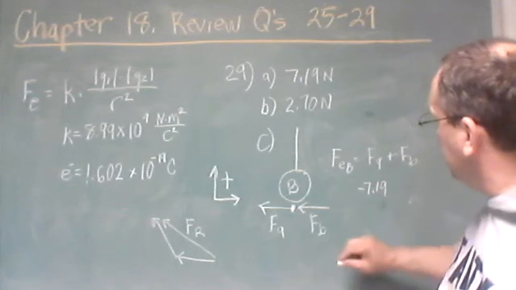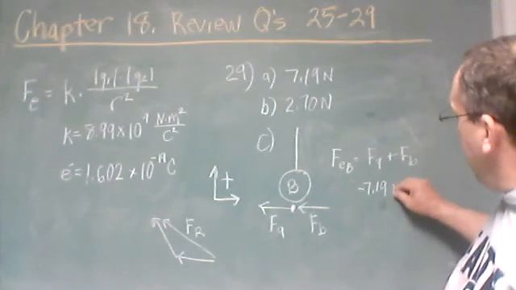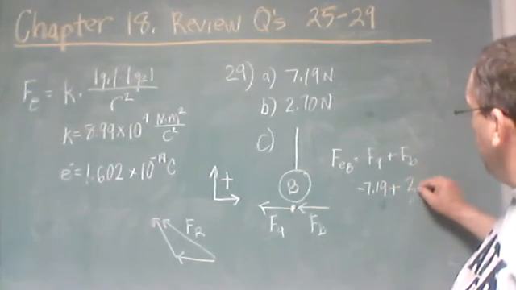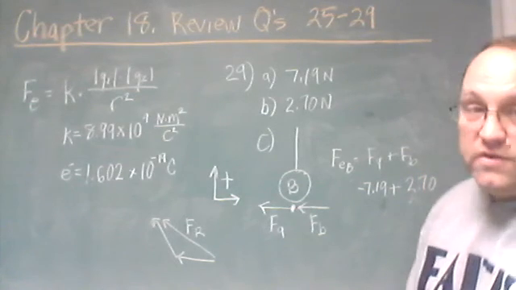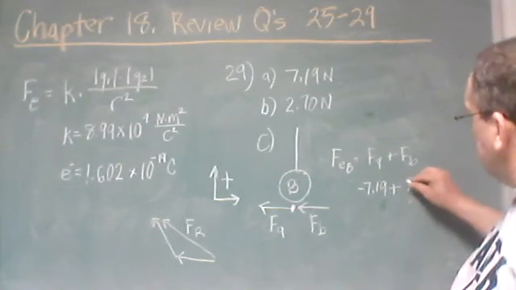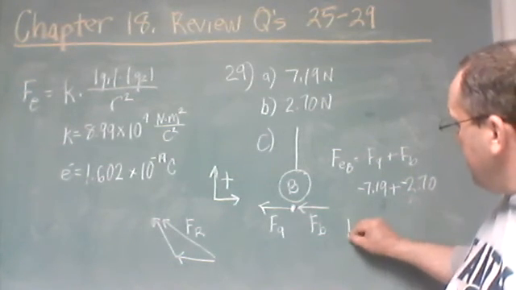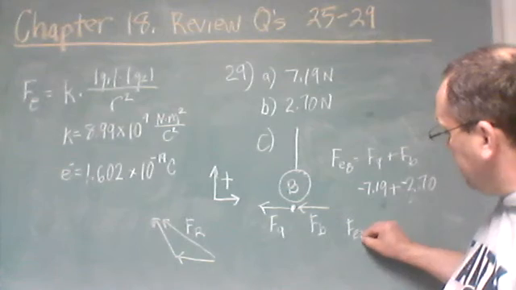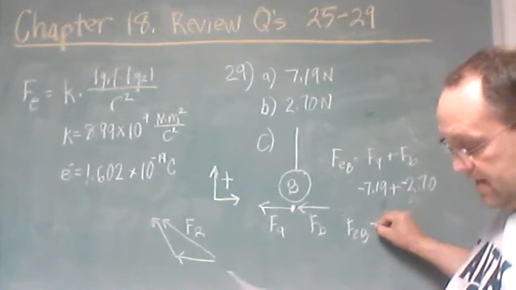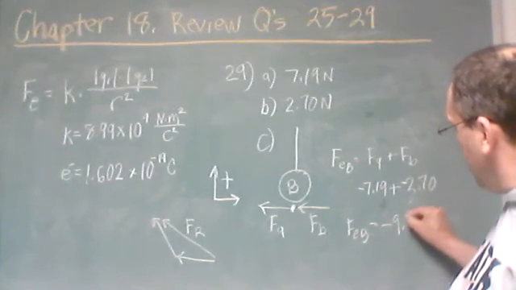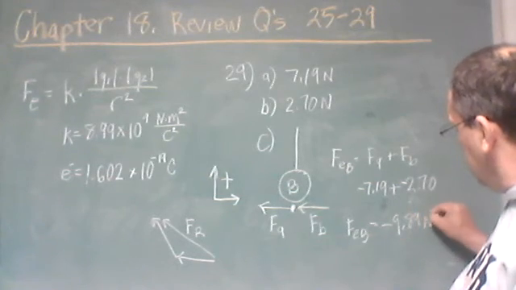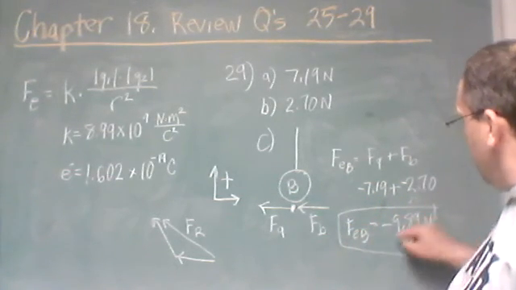It's a negative direction, to the left. I'm going to add a force of 2.70 newtons, and again, which way is that? It is to the left, negative. When I add them together, the force electrical on sphere B equals minus 9.89 newtons.